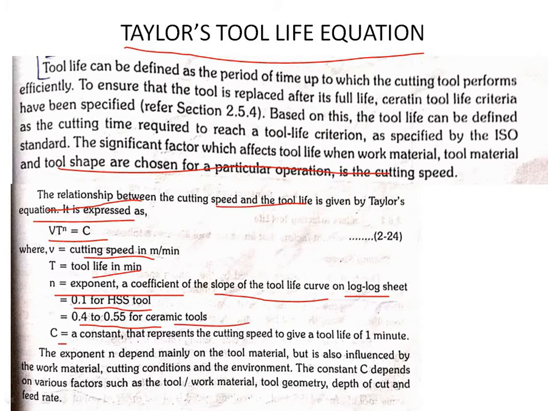And C is a constant that represents the cutting speed to give a tool life of 1 minute.